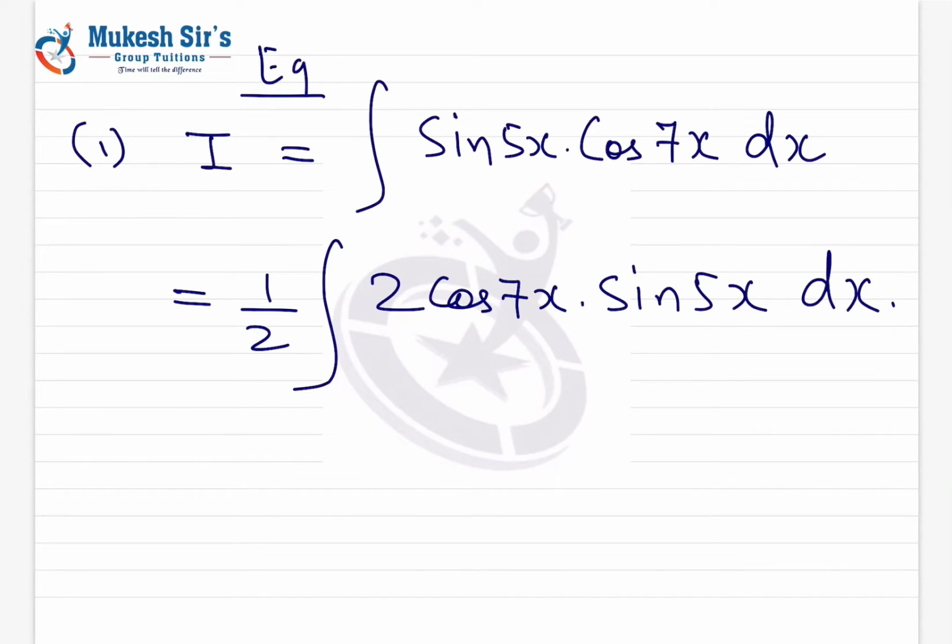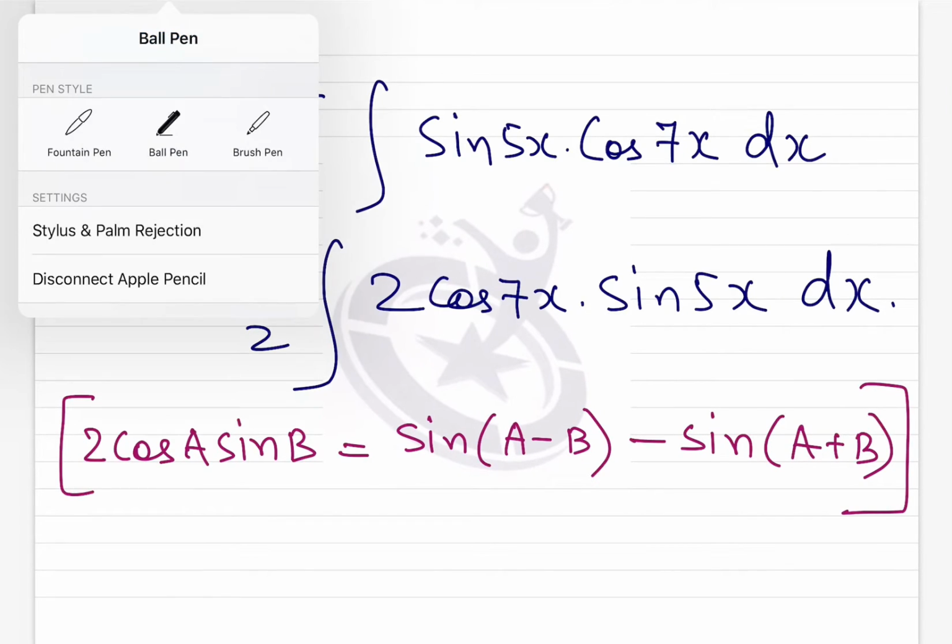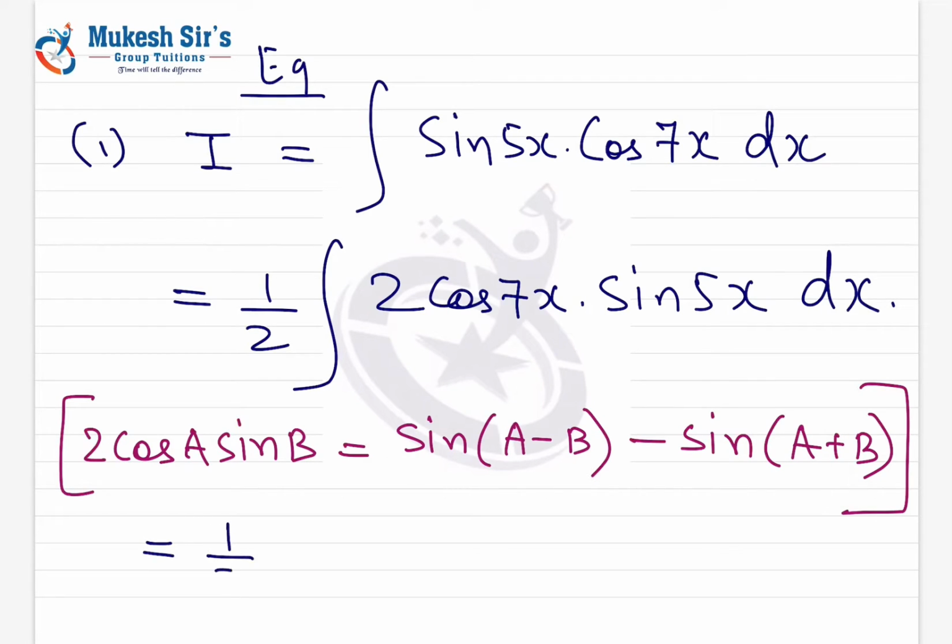ये आपको 11th में भी सिखाया था. जब भी डिफैक्टराइजेशन फॉर्मूला यूज़ करना है तो बड़ा एंगल पहले लिखना है. So here the formula you're going to apply is 2 cos a sin b, the second formula, sin of a plus b minus sin of a minus b.